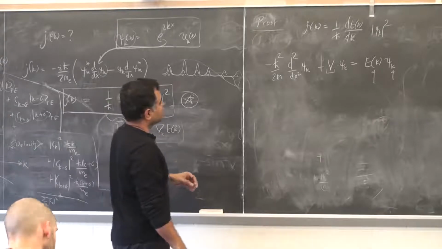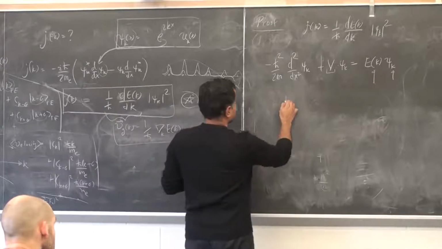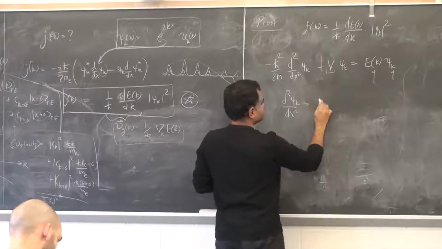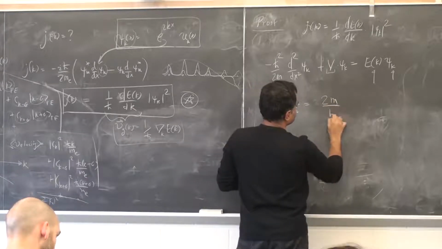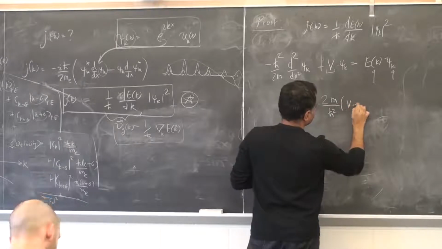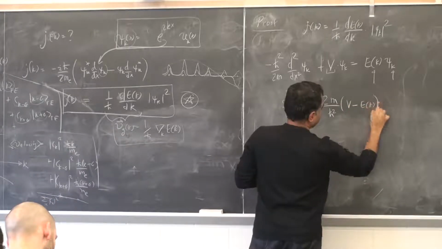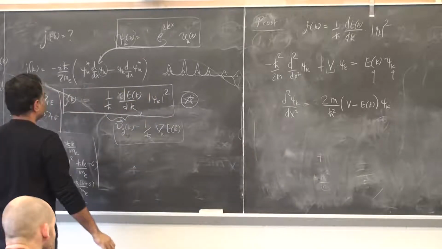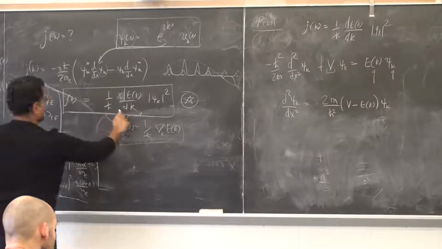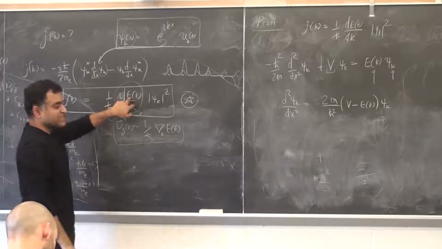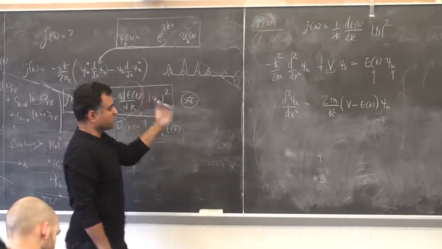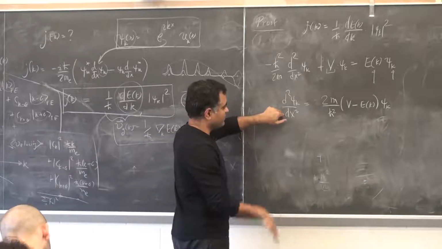So what we are going to do here is write it slightly differently, d2 over dx squared of psi k equals 2m over h squared times V minus E of k times psi k. And then, looking at the answer a little bit, I'm going to cheat and take a derivative with respect to k. Take this derivative of the Schrodinger equation with respect to the wave vector k.